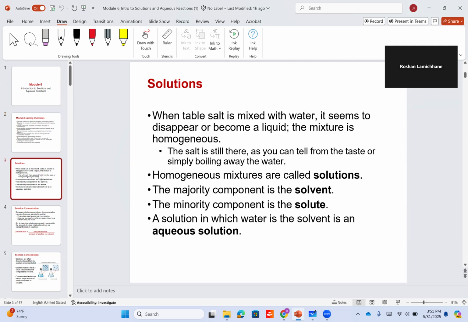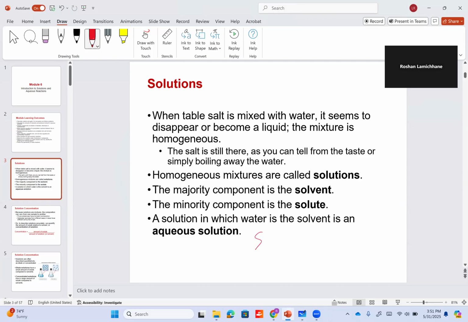All right, so let's start with this topic, because this chapter is about solutions. So what is a solution? The idea is that a solution is made up of solute and solvent.